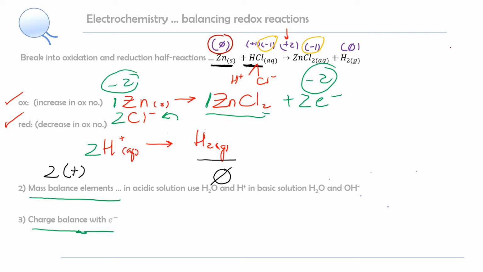So the only way you're going to get rid of those 2 positive charges is to add 2 electrons over here. And that makes sense. Look, in my oxidation half reaction, I'm giving up 2 electrons. In my reduction, I'm taking 2 electrons. So I am charge balanced.